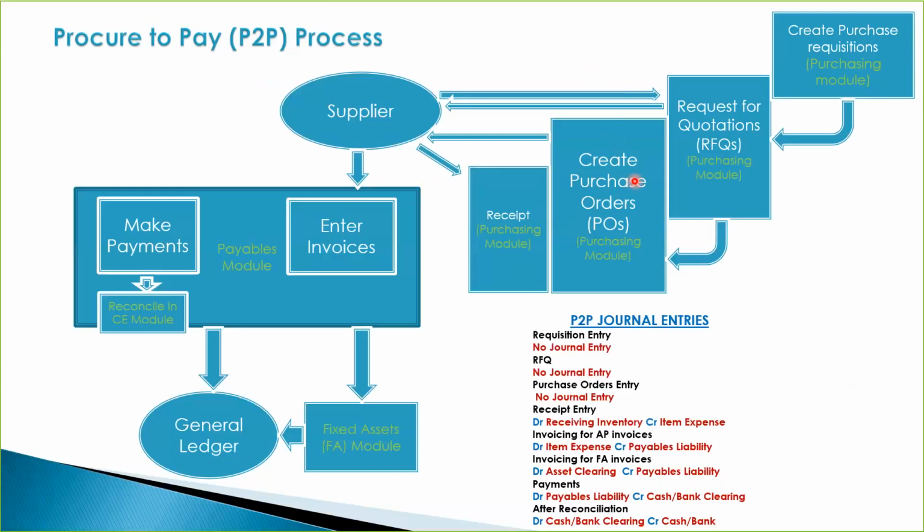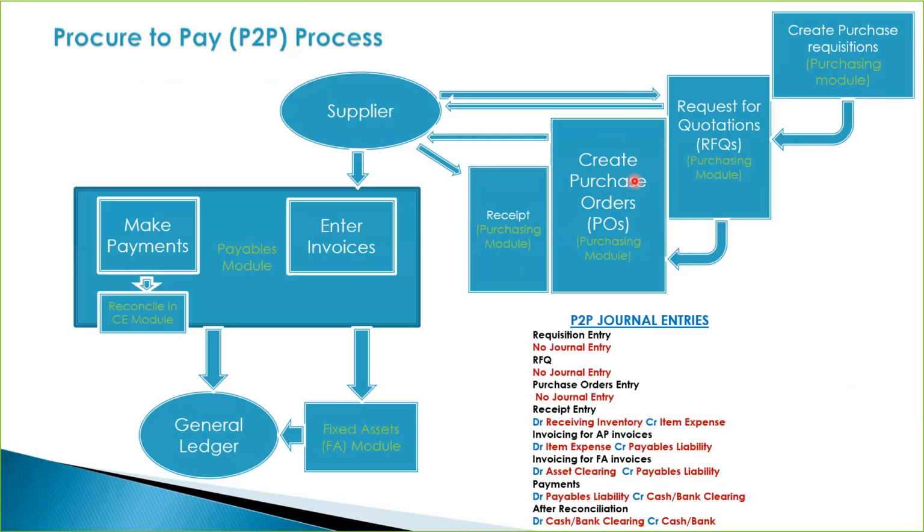Basically, what happens when you go to a project as an Oracle Financial Functional Consultant, you will be expected to know the business processes. You'll be expected to know both the procure-to-pay process and the order-to-cash process. Why do you have to know that?